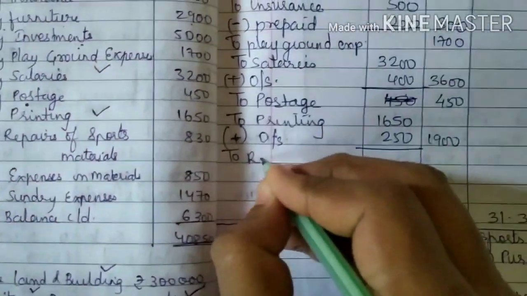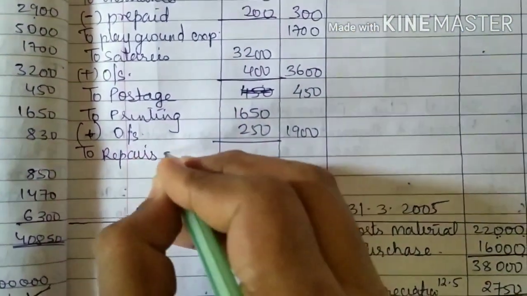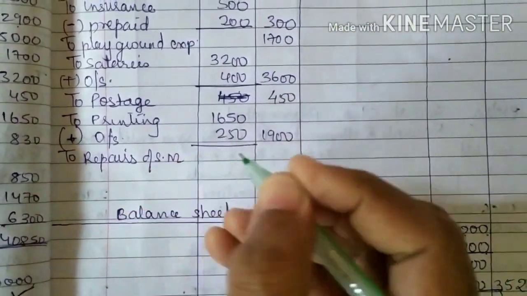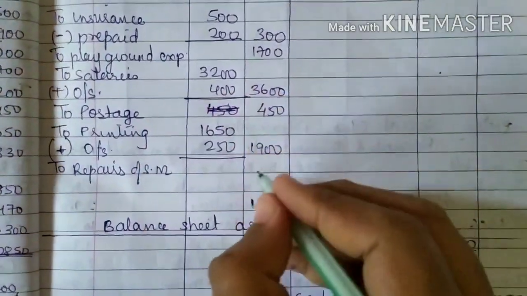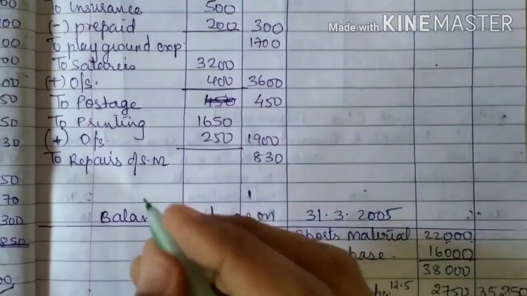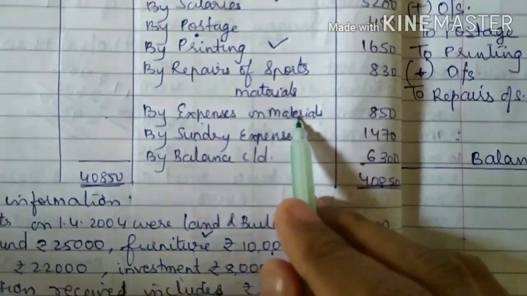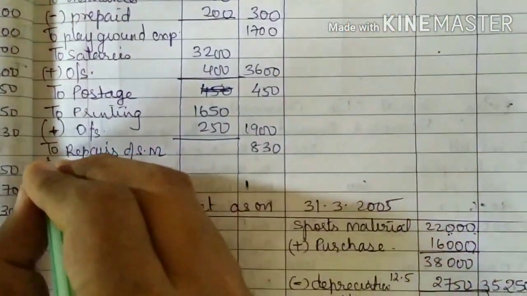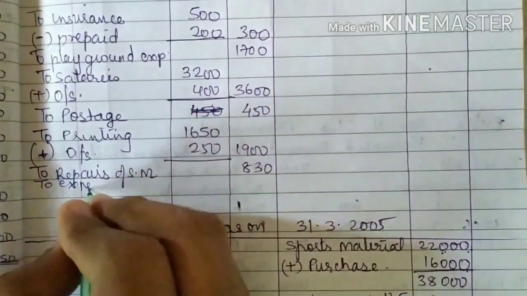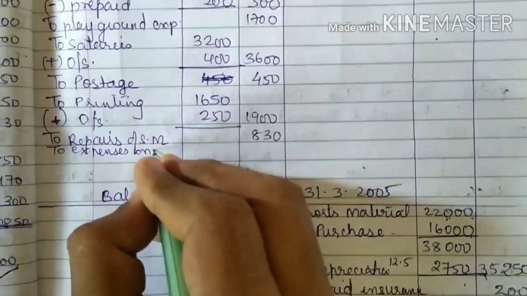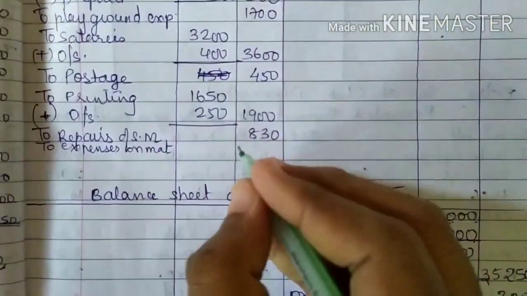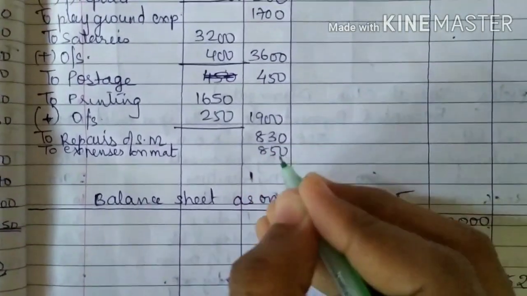To repairs of sports material, which is 830. Then you have expenses on materials. This is also an expense. To expenses on material, which is 850.